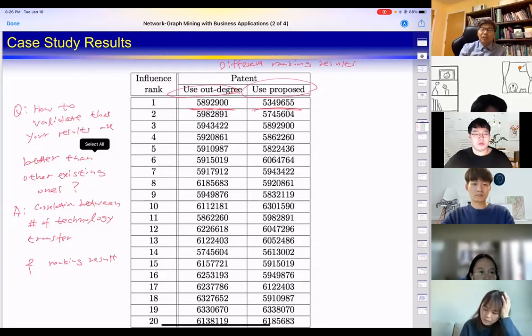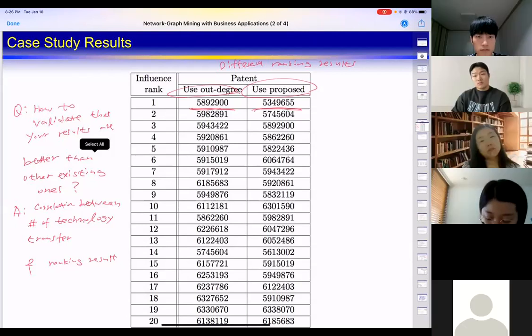There are many ranking papers for patents, but we are the first to validate the ranking. Usually IEEE journals ask us to validate, but it takes lots of time to find that kind of data. Very good point.